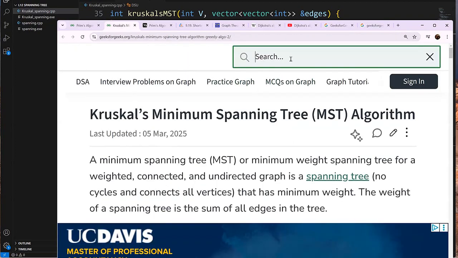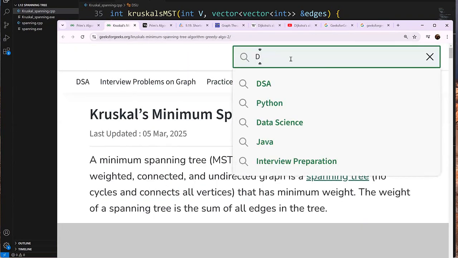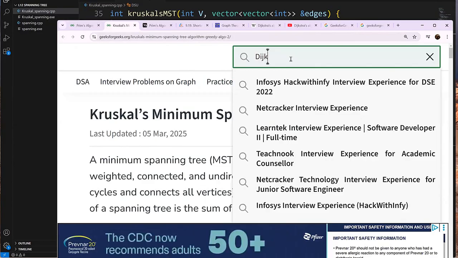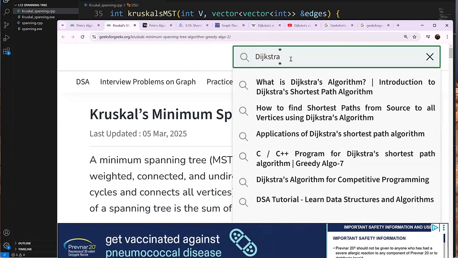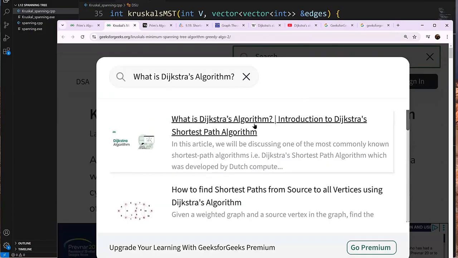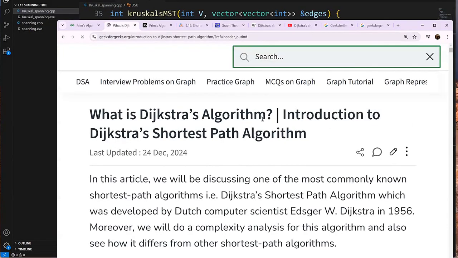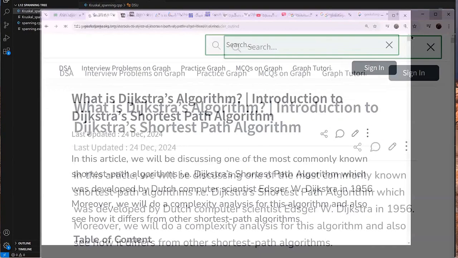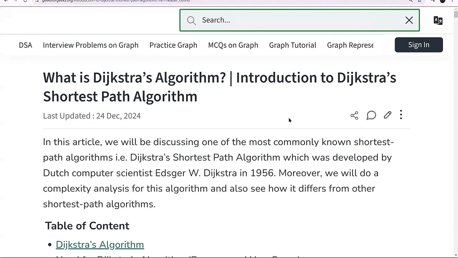Let me go to here and search for it. Okay, so this, Dijkstra algorithm.